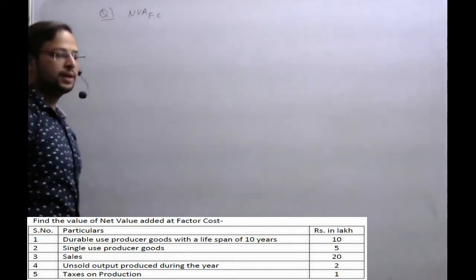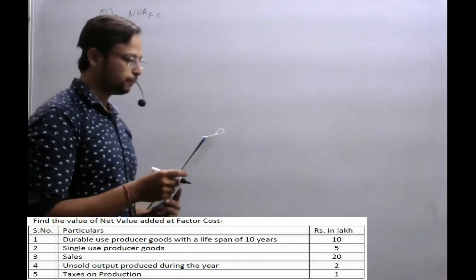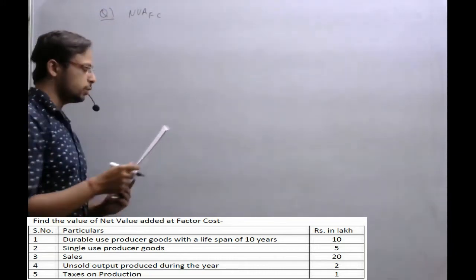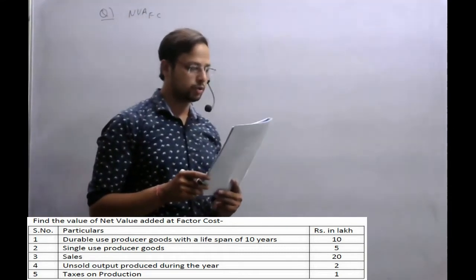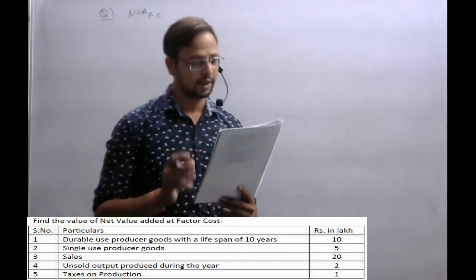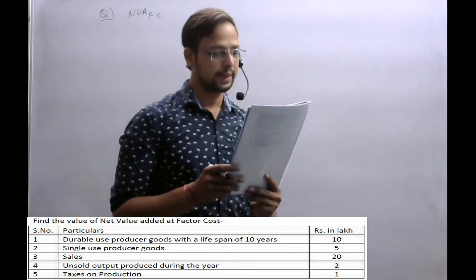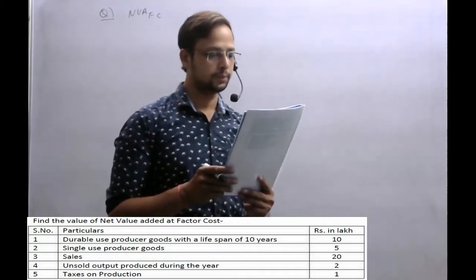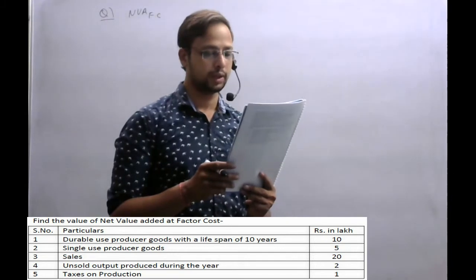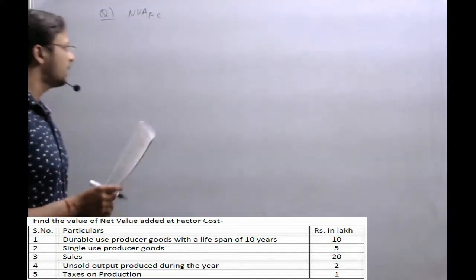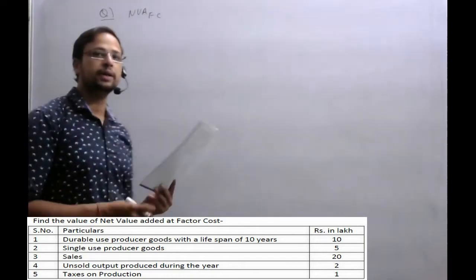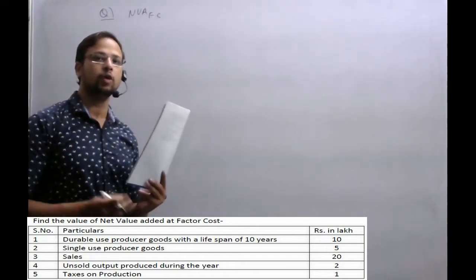As you will see on the screen, there are given durable user producer goods with a lifespan of 10 years, single use producer goods for 5 lakh rupees, sales of 20 lakh, unsold output produced during the year, and taxes on production. I have already told you how to calculate income from the product method.